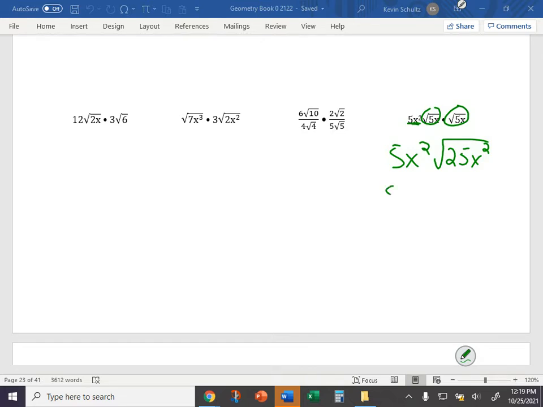So our 5x squared out in front, we haven't really done anything with that yet, but then this root of 25x squared simplifies to be 5x. And so what's our final answer? 25x cubed would be our final answer.